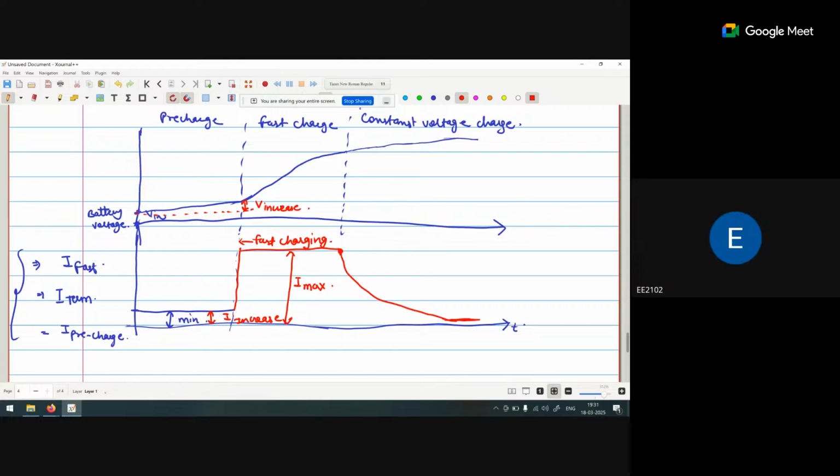So the required current is reducing. Now, after a certain time period, after a particular level, we can say the current termination is done. That means my battery is fully charged. So it is called the I term, current termination.